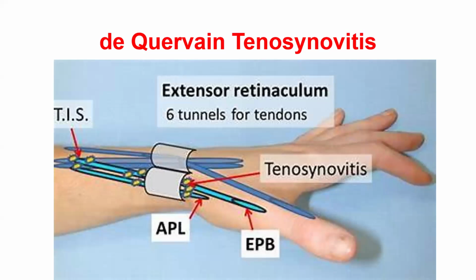More proximally, you get the intersection syndrome, and this is between the two radial extensors of the wrist and the abductor pollicis longus and extensor pollicis brevis intersection.